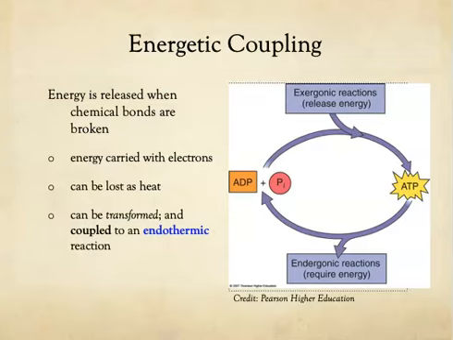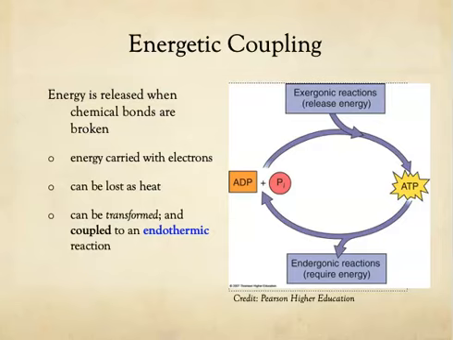We're going to couple those two reactions together, and we're going to let one reaction provide the energy for the other reaction. But here's the problem. Those reactions don't necessarily occur at the same time. So it's not easy for a cell to bring those two reactions together in real time.